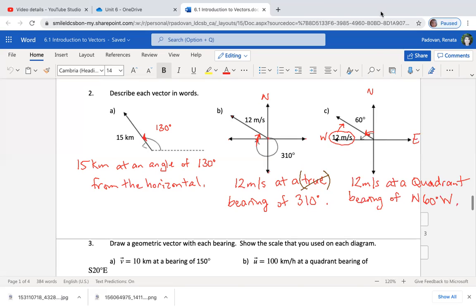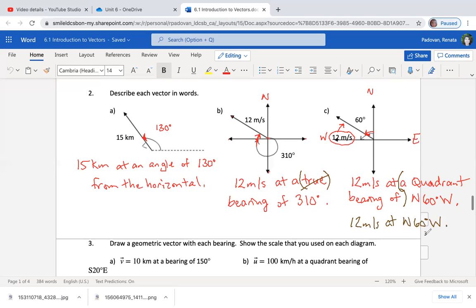And I'm also going to put here that you don't necessarily have to write out all of this, or you might not see all of this written out. It might just say 12 meters per second at north, 60 degrees west. And all this in the brackets could be missing. So again, just to write down, 12 meters per second at north, 60 degrees west.